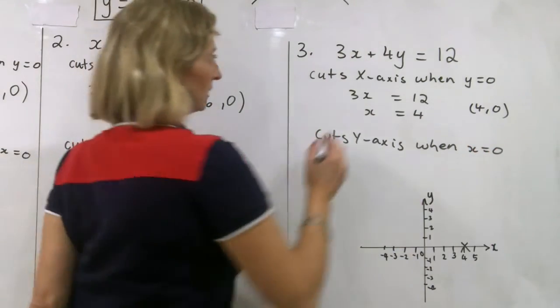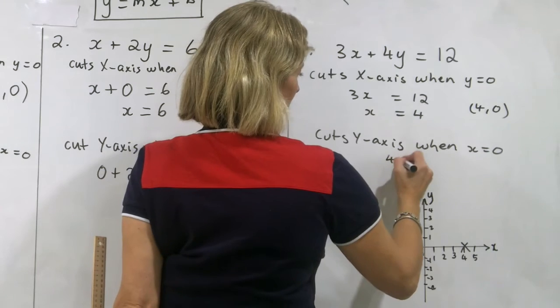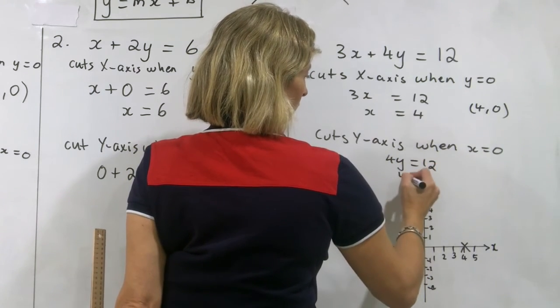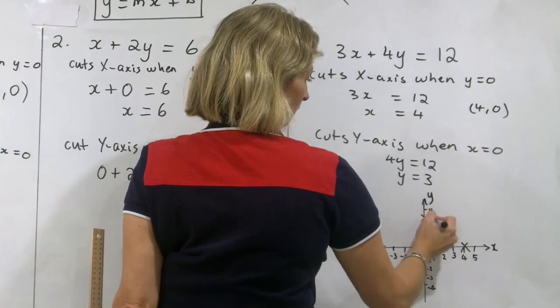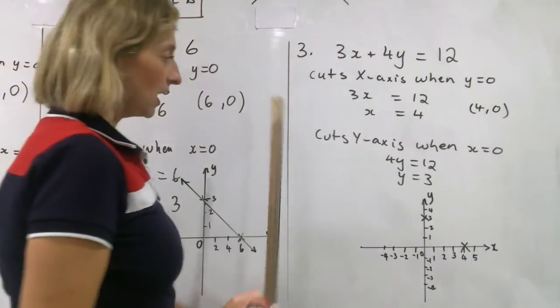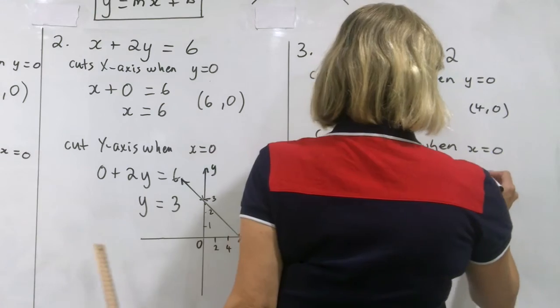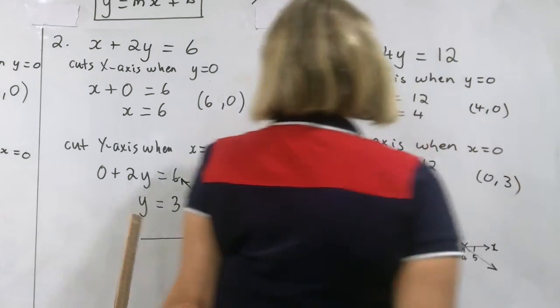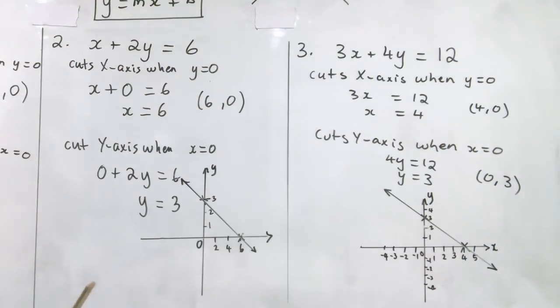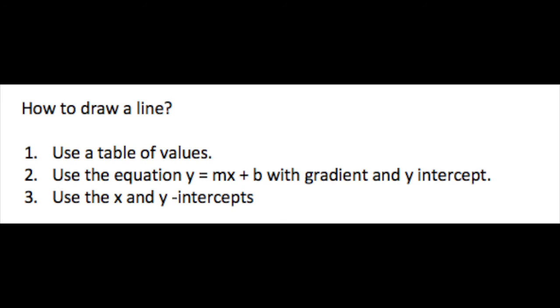Everybody happy with this? So x equals 0, we're left with 4y equals 12, so y equals 3. I would plot the 3 and then I just join the dots. And I make sure that I put arrows on the end. Now that's a pretty easy way to graph a straight line as well. Just use our rule number 9 and 10, find where it cuts the x-axis, find where it cuts the y-axis, and join the dots.